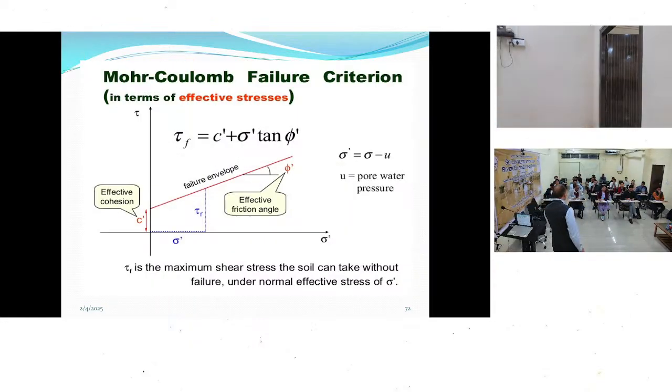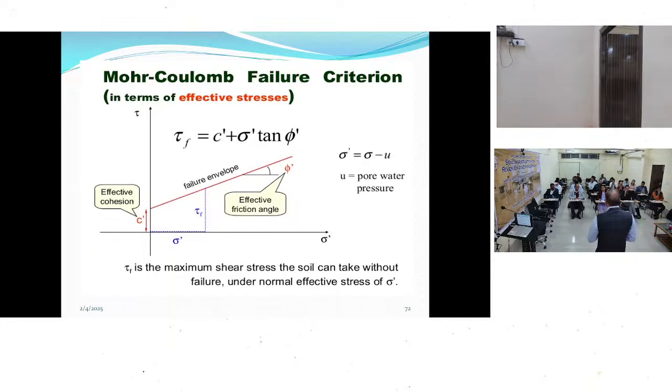Later Mohr-Coulomb gave a formula for this. He developed a curve between the shear strength and the normal stress. According to him, shear strength equals C plus sigma tan phi, and this is the failure angle. Where it cuts the shear strength axis is C dash, and this is phi dash. According to the Mohr-Coulomb criterion, if I extend it, the failure envelope is a straight line.